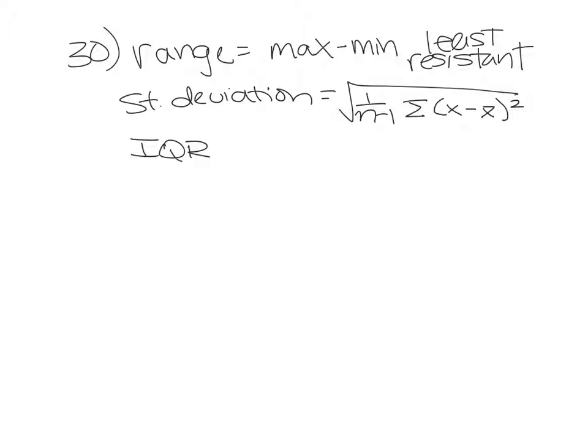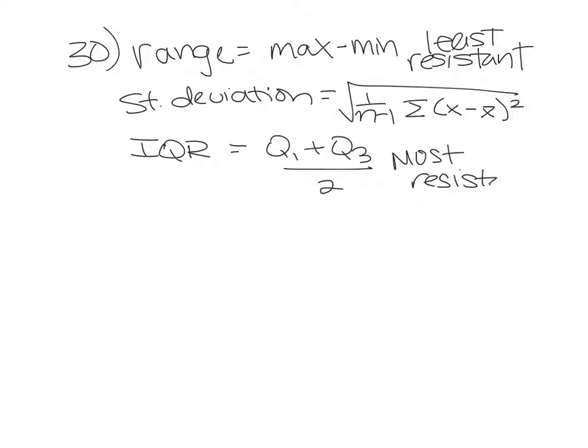Because you still are including the outlier's distance from the mean in your total sum. Whereas with the IQR, it's just Q1 plus Q3 divided by 2. So the outliers don't have the greatest effect. So this is the most resistant.